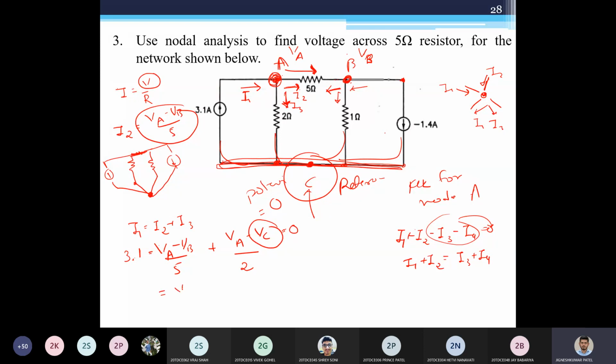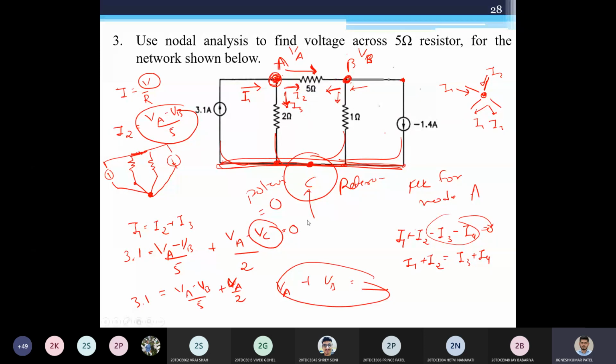So my equation becomes 3.1 is equal to VA minus VB divided by 5 plus VA by 2. Now you have to simplify this equation in terms of VA, VB equal to something. Once you simplify this equation, using Cramer's rule, you can solve this example.